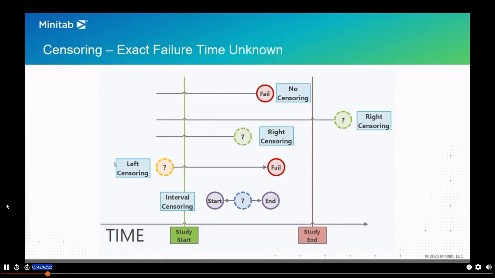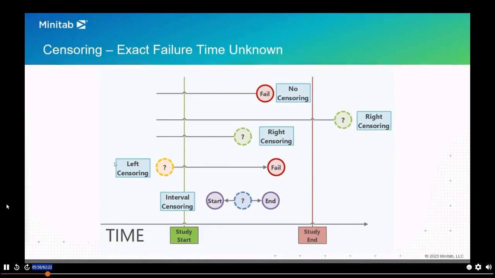So on the timeline, it means that the censoring time is somewhere out to the right. We know it's lasted up till today, this time point when we're doing the analysis, but it hasn't failed yet. So that failure time is out on the right on the timeline.